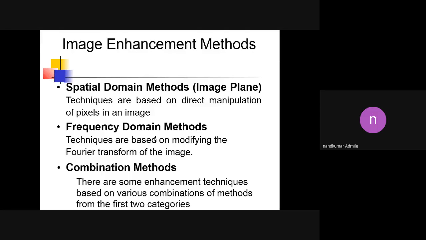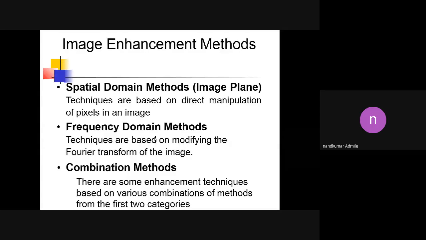Okay, so generally in image enhancement there are two methods. One is the spatial domain method and the other is the frequency domain method. Now, what is the spatial domain method? In the spatial domain method we do not apply any transform techniques. We deal only with the pixel values.